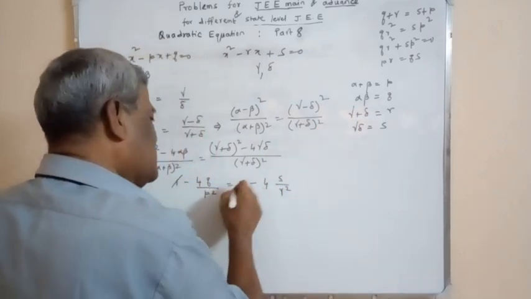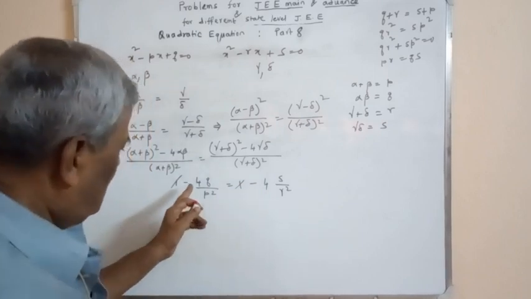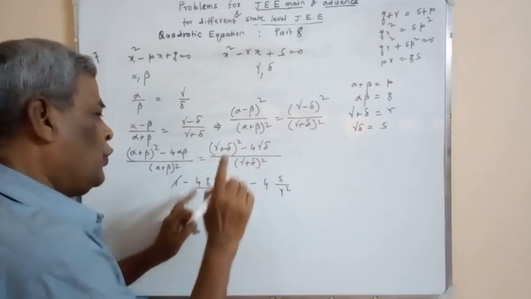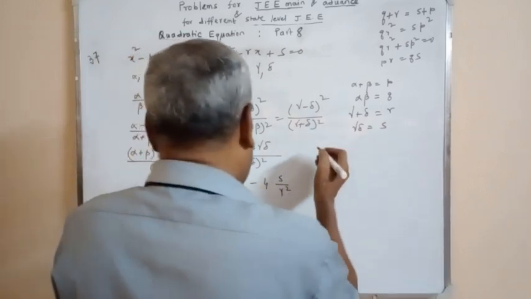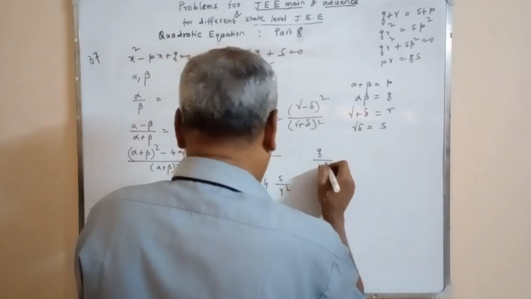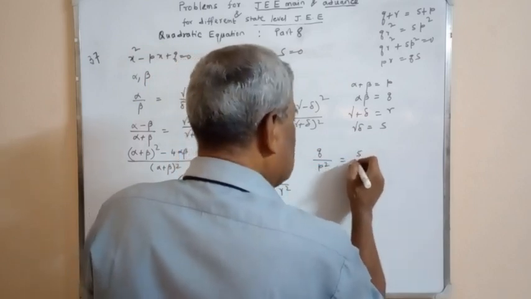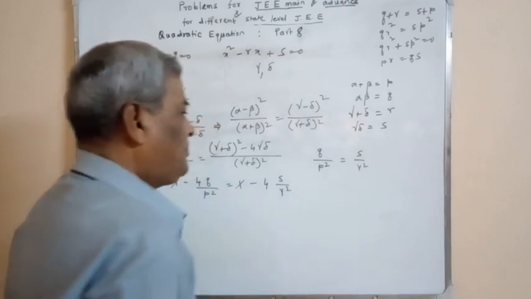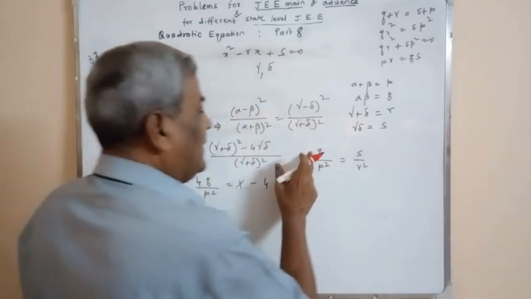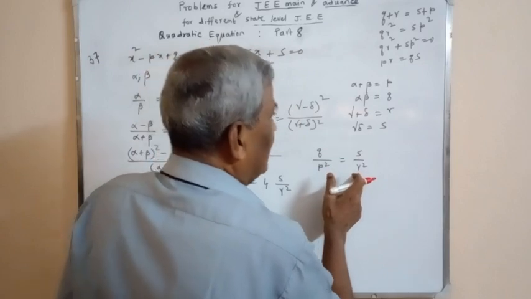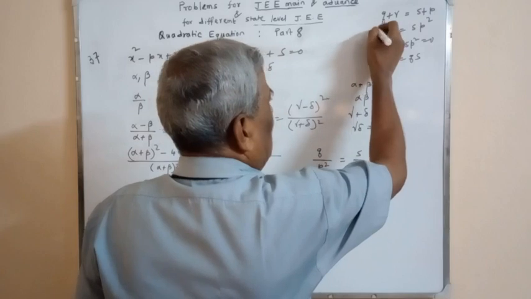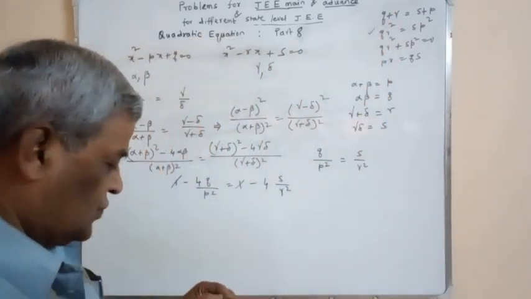So 1 cancels, the negative will be cancelled and 4 will be cancelled, so that we have q by p square is equal to s by r square. After that, we get qr square is equal to sp square. So the second option is correct. Option B is correct.